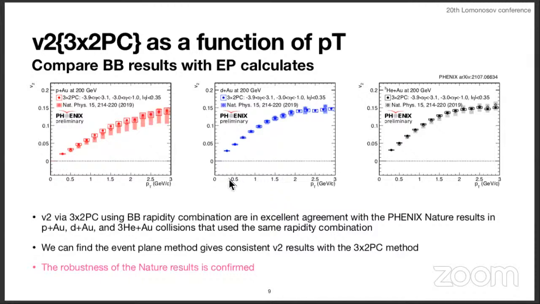The BB calculation, which is the previous usual PHENIX kinematic selection, perfectly reproduces the PHENIX event plane calculations published in Nature Physics. This confirms the PHENIX Nature results with the same kinematic selections.